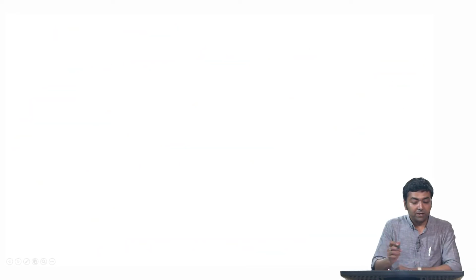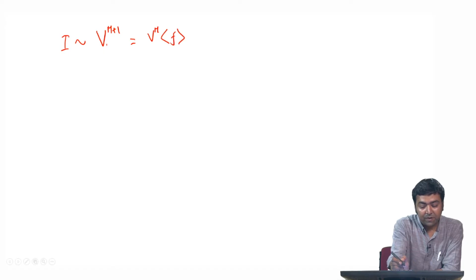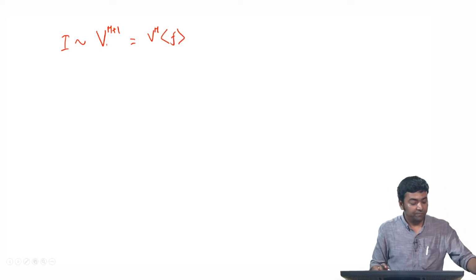So, basically this means that I am approximating my integral by calculating an (m+1)-dimensional volume, whose value is given by the volume V_m times the average value of my function in that volume.